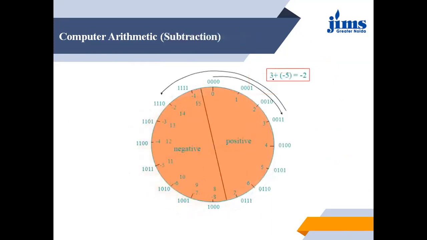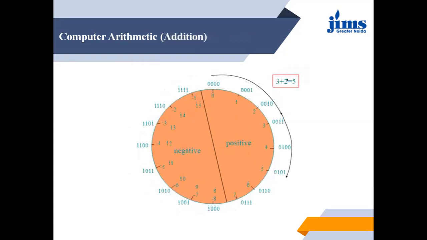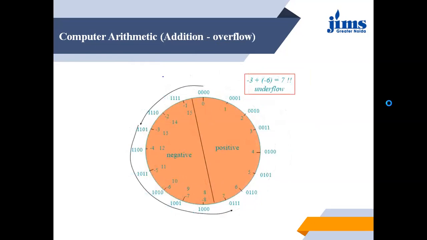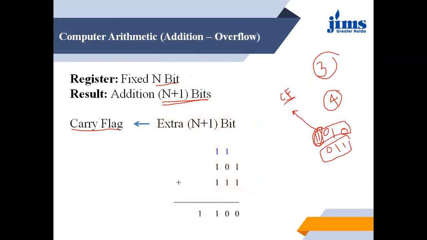And when one number is positive, one is negative, then there is no problem. So this is the thing that we have to consider about the number systems, that numbers are positive, negative, or whatever. So this n plus 1th bit is going to be stored in the carry flag.